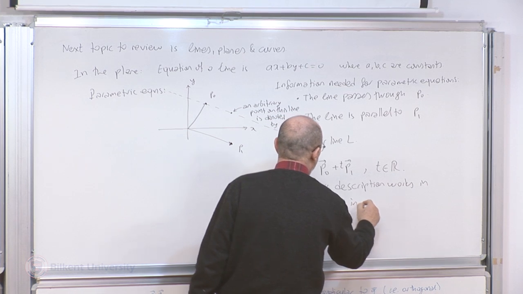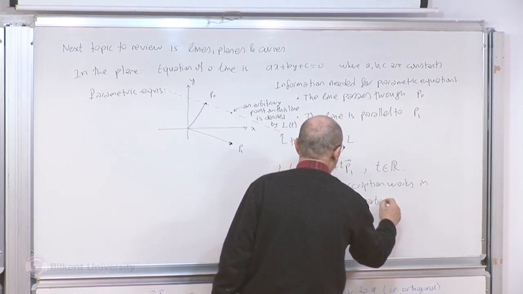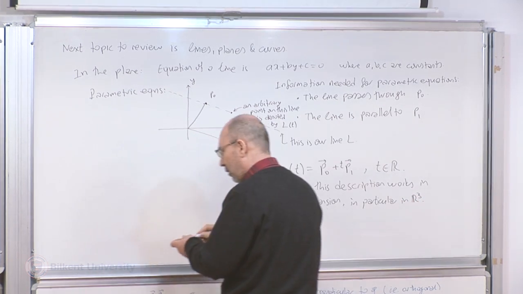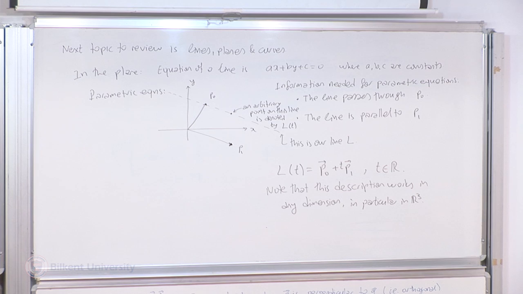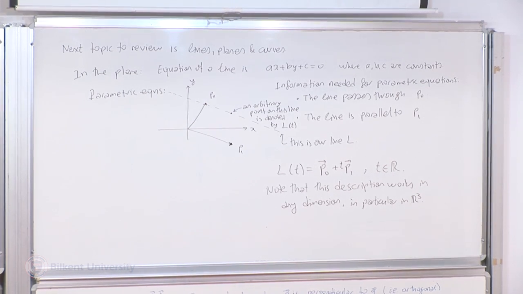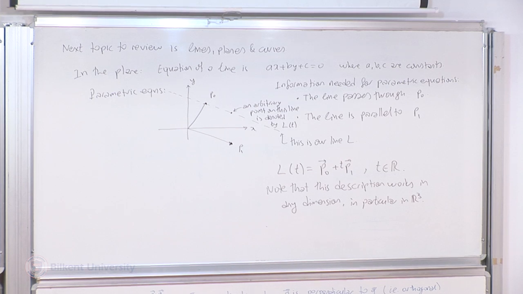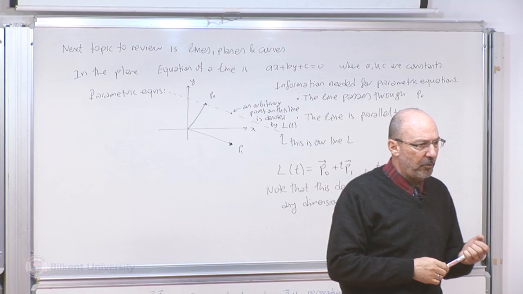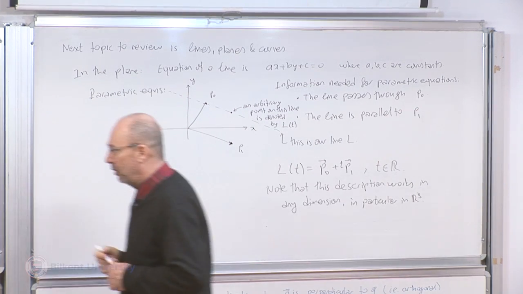In particular, we are interested in R3. Generally, we write these equations for R3. When we want to work in R2, we just drop the last coordinate.